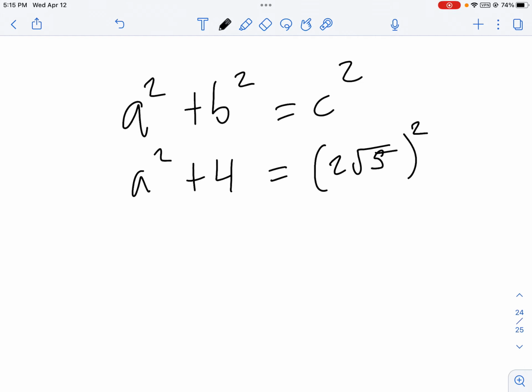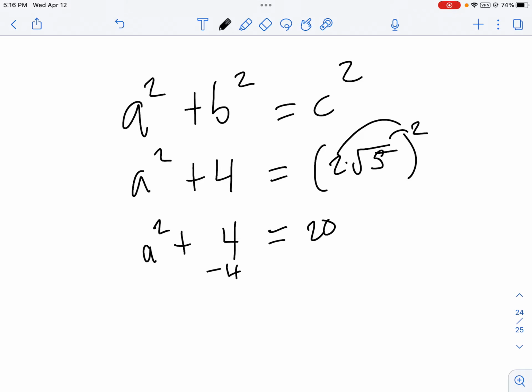Okay, so then from there you would square your c value because it's c squared. So then you would have 2 squared, because it distributes because of your exponent property, only because there's multiplication there. Addition and subtraction, that wouldn't work. So you have 4 times squaring the square root just gives you 5, and then 4 times 5 is just 20, equals a squared plus 4.